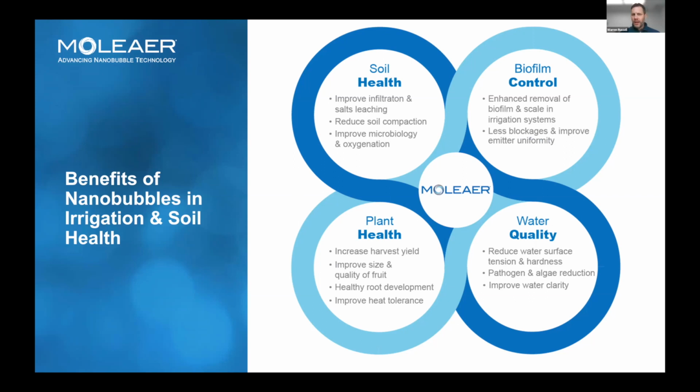When it comes to nanobubbles and their impacts and benefits as it relates to agriculture and irrigation, we look at these 4 different pillars. And it really starts with introducing nanobubbles into water with the principal purpose of improving that water quality. And that means a couple different things. It can mean improving dissolved oxygen level in that water, or the oxygen availability. It can mean reducing the surface tension of that water.